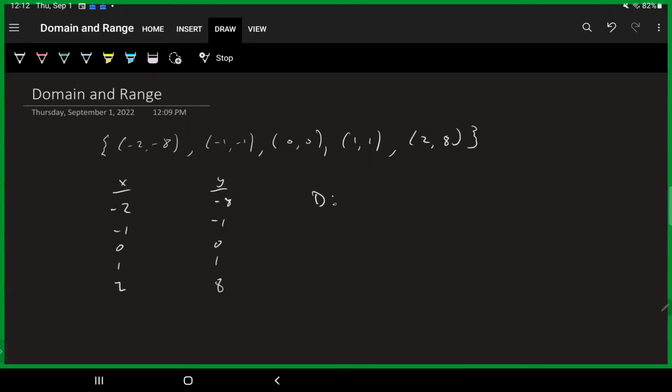Domain, or just call that D, that's a set of all x values. So for this list of points, all the x values would be those numbers, -2, -1, 0, 1, and 2. And when I write a domain or a range, the set of numbers, I separate everything with a comma.